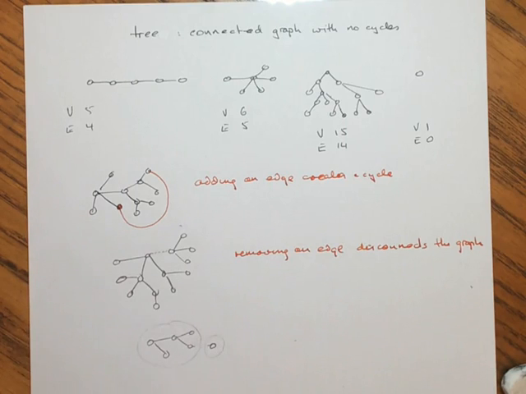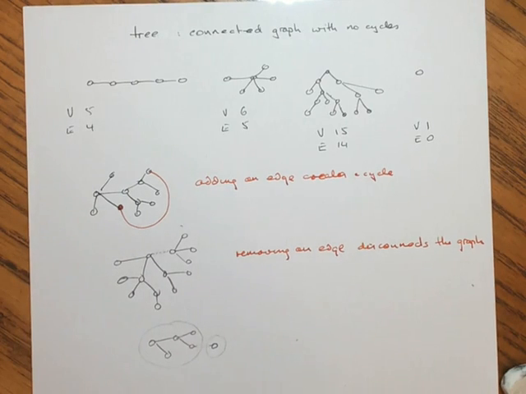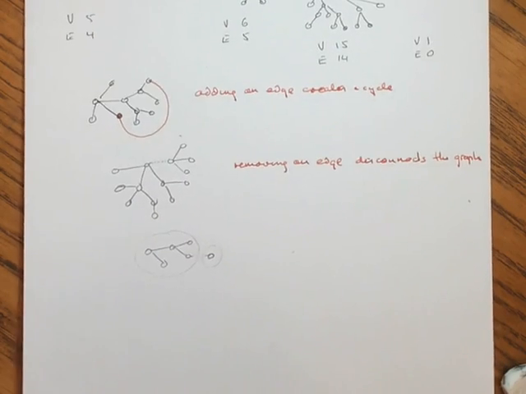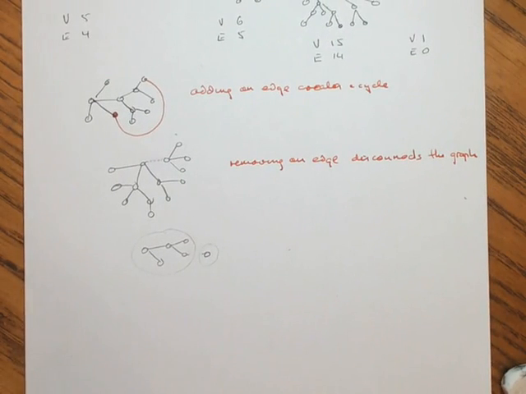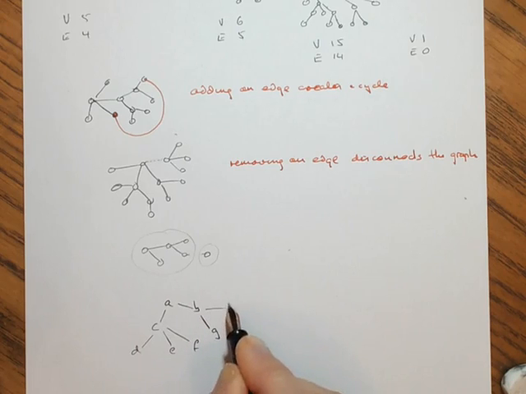The other characteristic that's really important about trees is something I sort of alluded to before. Let's actually put some labels on things. So A to B, C, D, E, something like that.